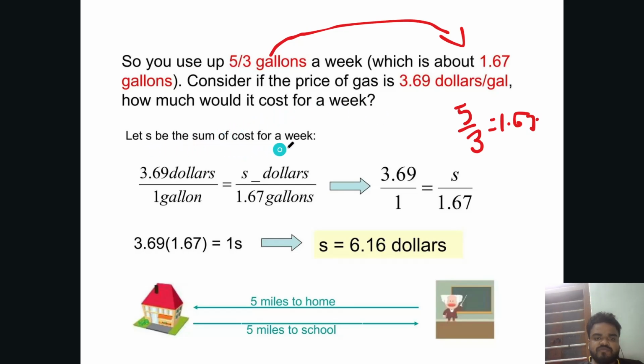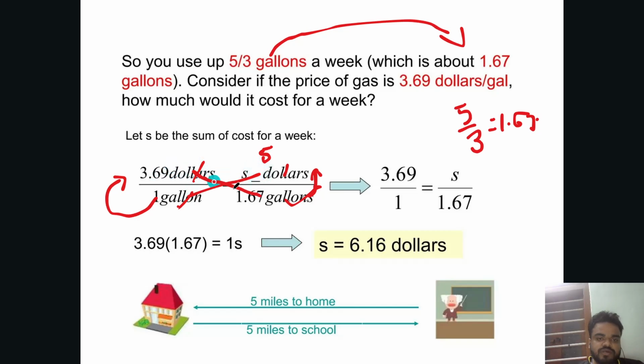Let's find the cost for a week. One gallon costs $3.69. So what is the cost of 1.67 gallons? Let's put x because we don't know this one. So put x as a variable, the unknown value. Gallon will get cancelled and dollar will get cancelled. After equating both ratios, they are in proportion. Then multiply using the cross product property: this into this and this into this.